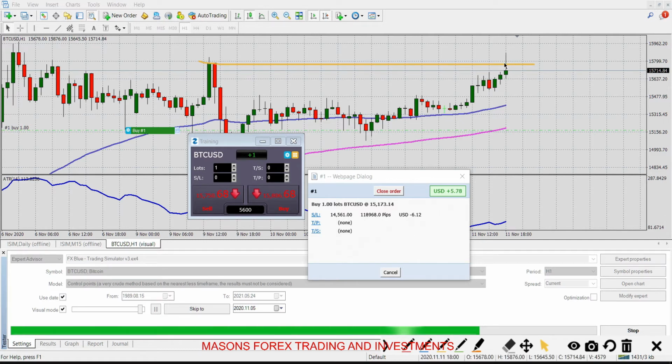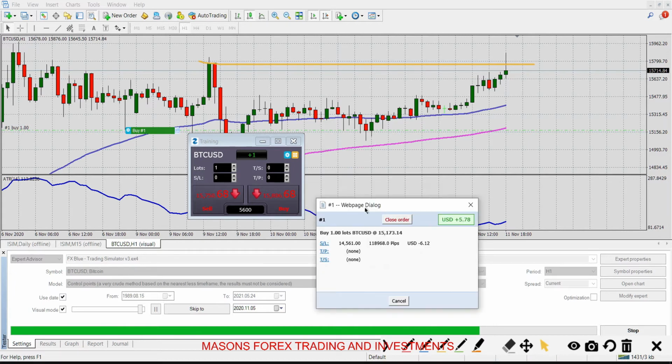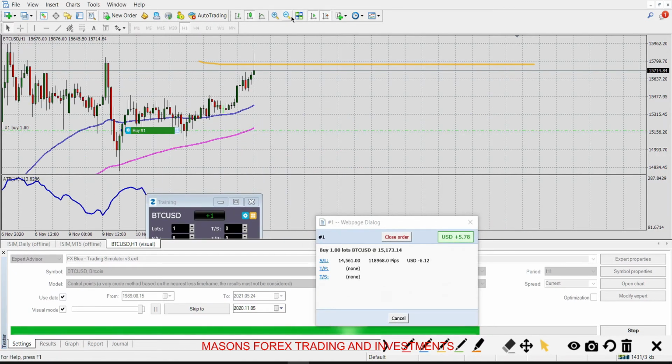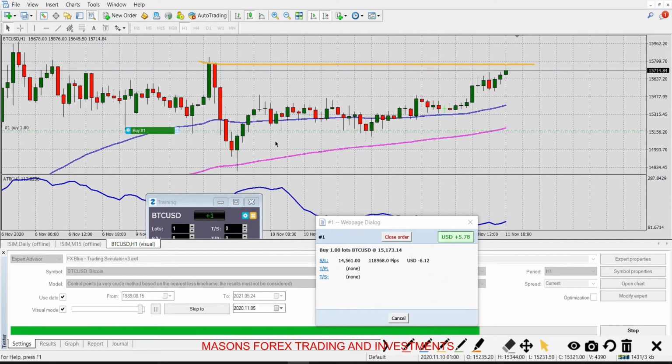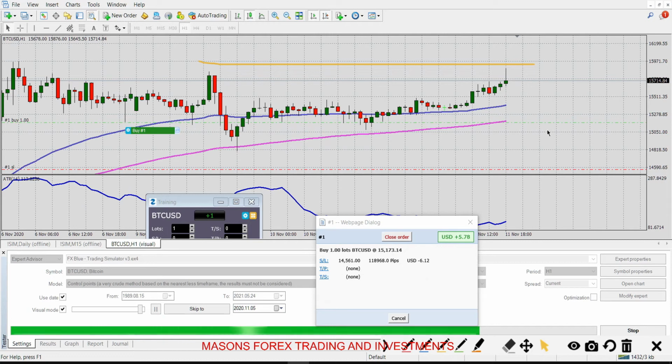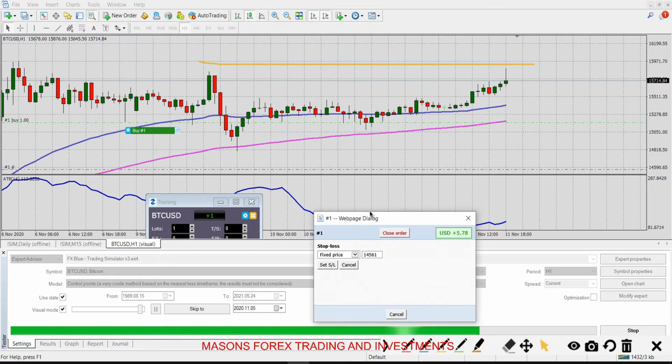Now, since we met our 1:1 reward, I want to quickly show you how to take your stop loss to break even, to create your risk-free trade. We can do it on this SL, on this dialog box.